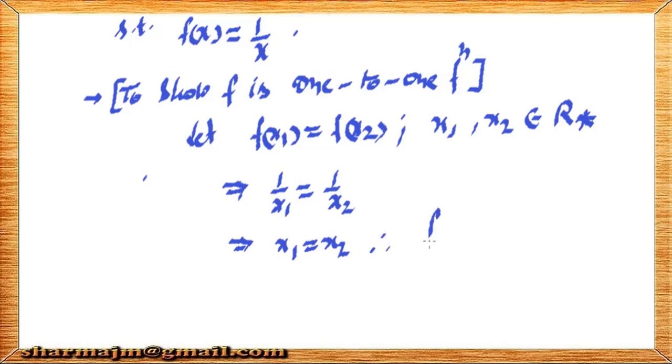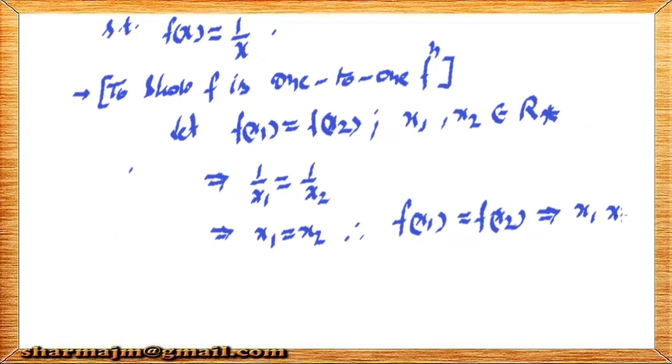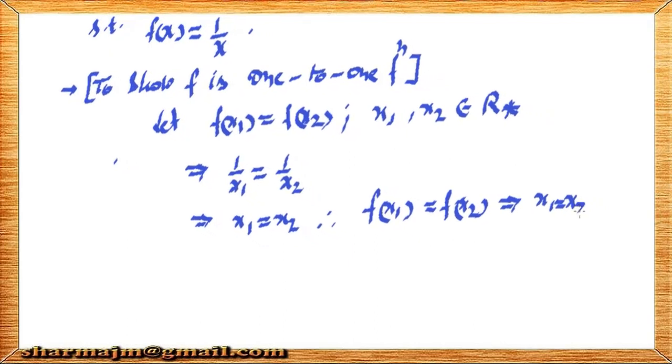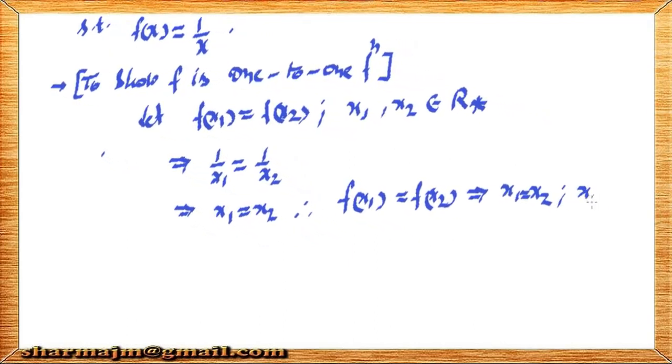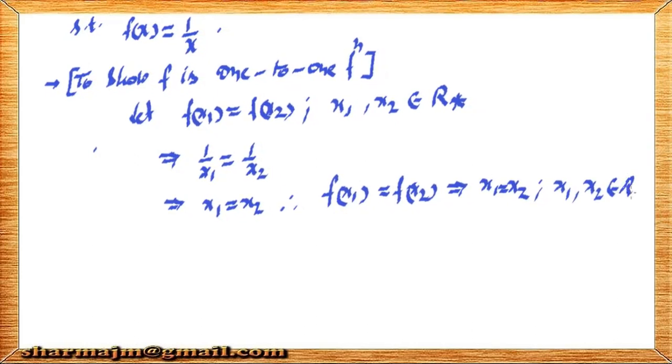Therefore, if images are the same, that is f of x1 equal to f of x2, then their pre-images are also the same for all x1, x2 in R star, that is the domain. Therefore, you can say f is a 1-1 function, that is a 1-to-1 function.